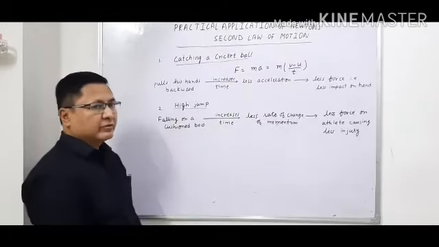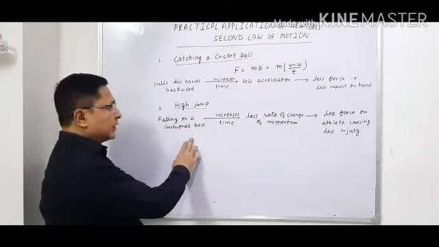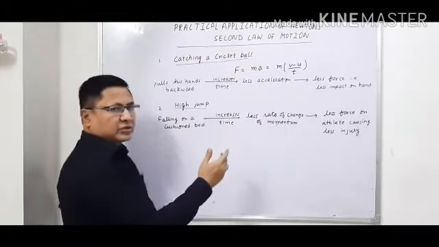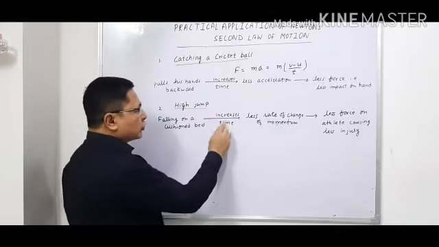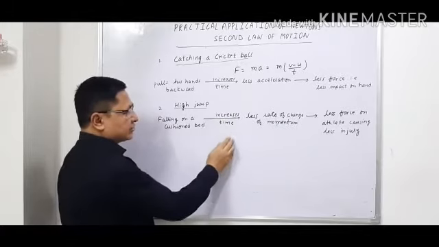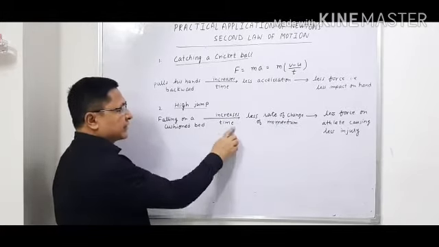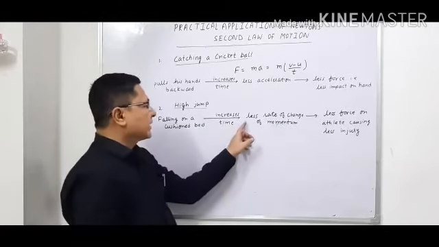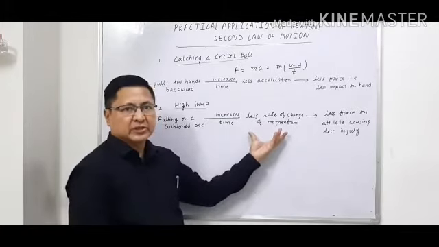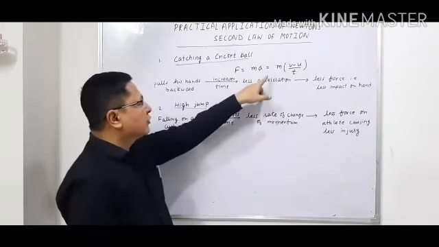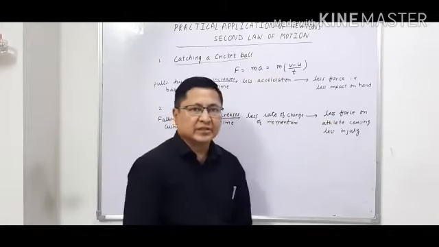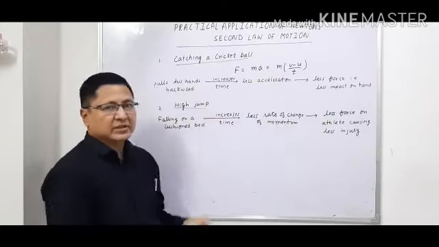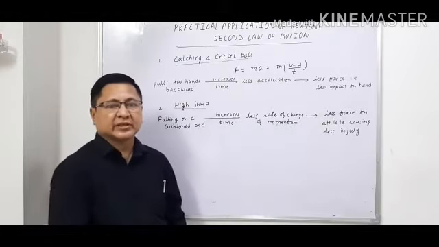When a high jumper falls on a cushion bed, the high velocity of the athlete is reduced to 0 and the time is increased. Due to that, there is less rate of change of momentum, and since there is less rate of change of momentum, the force on the athlete will be less and will cause lesser injury. So these are the practical applications of Newton's second law of motion.